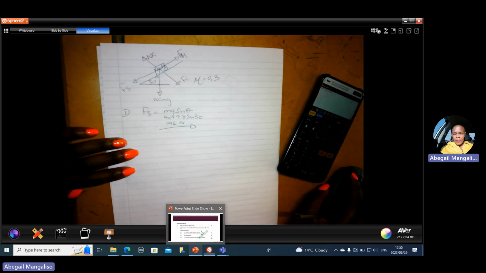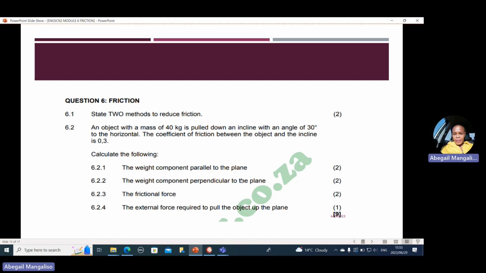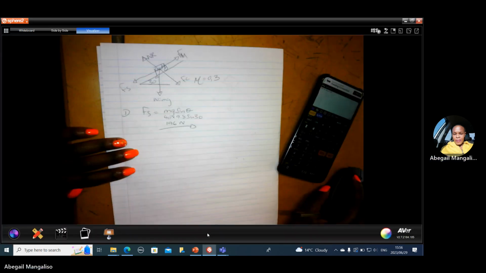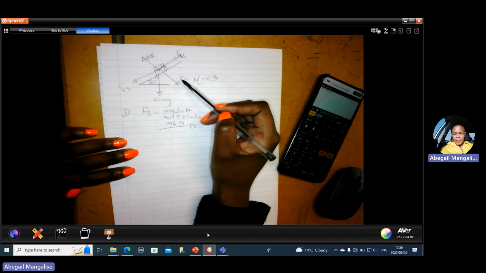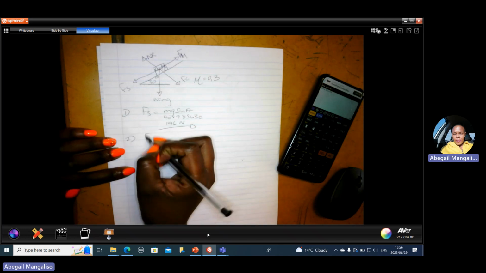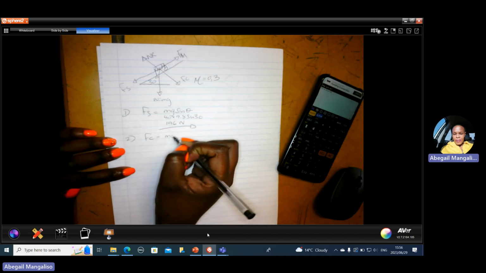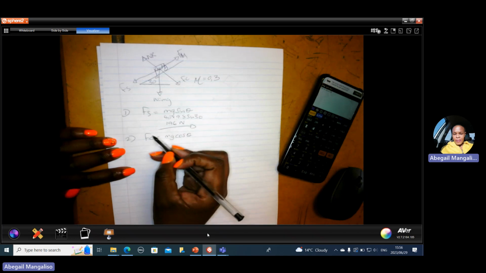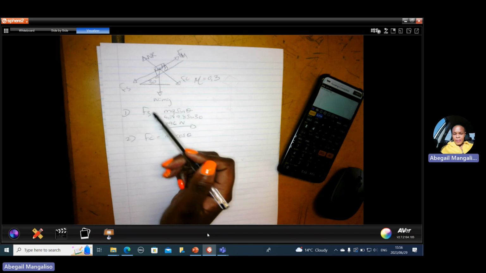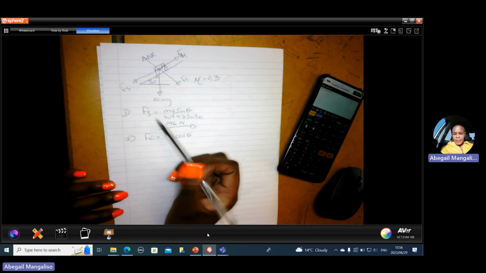The second question says, calculate the weight component perpendicular to the plane. This is the plane. Perpendicular makes 90 degrees. So this is the component that is perpendicular to the plane. Number two is Fc equal to mg cos of theta. Remember, it's Fc because it uses cos. This one is Fs because it uses sine.